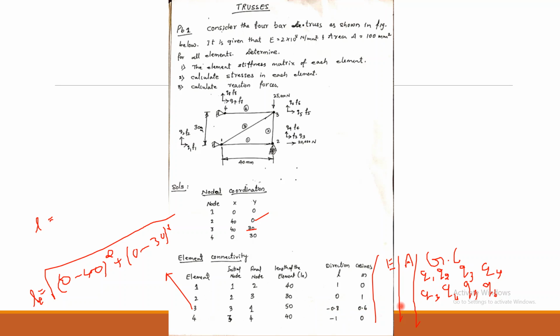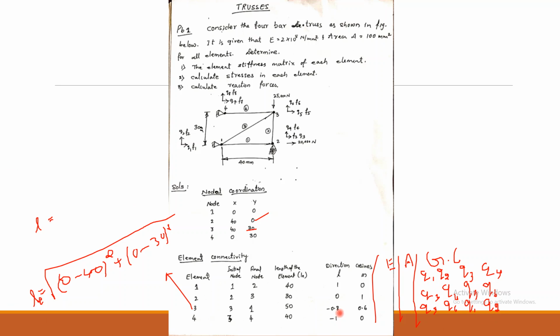Young's modulus and area are both the same for this element also. And coming to the global connectivity, since it starts from 3 to 1, I should consider the initial node first, that is Q5, Q6 and then Q1, Q2. So you have to write down Q5, Q6 and later on Q1, Q2.